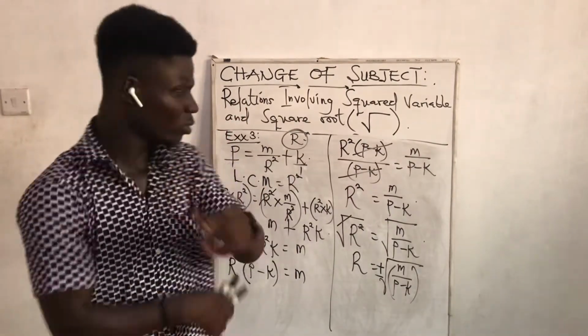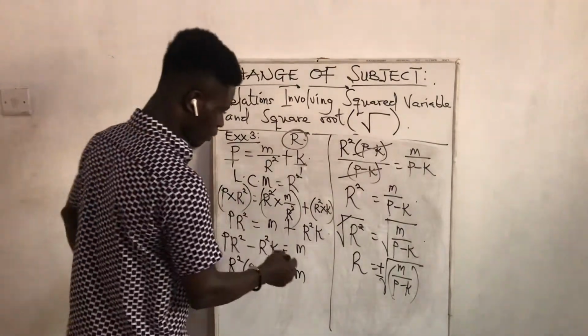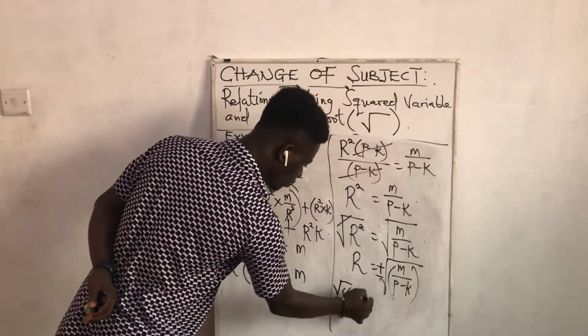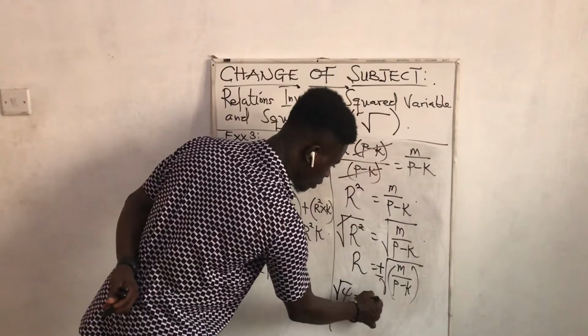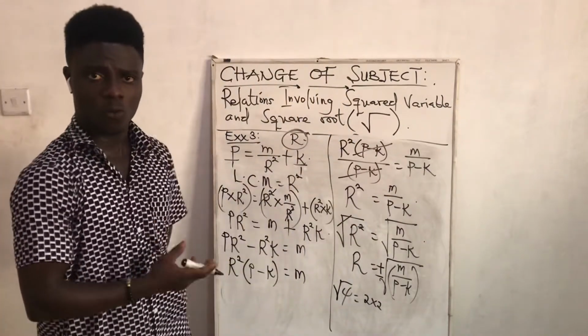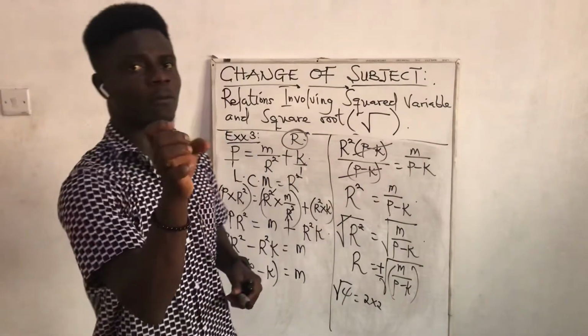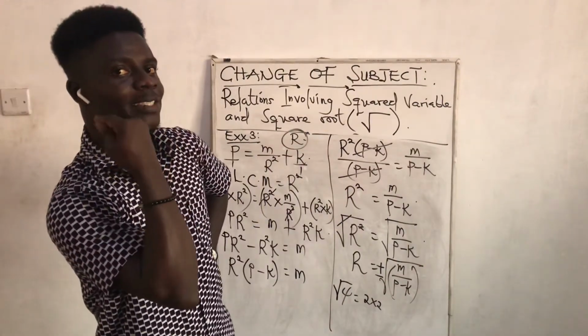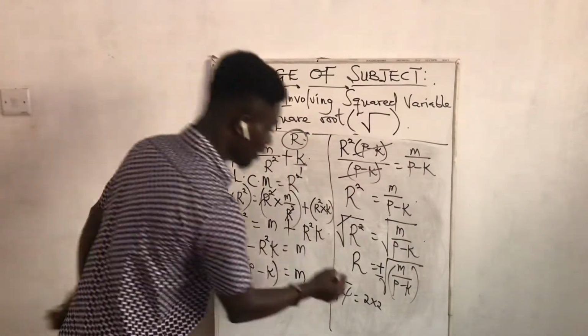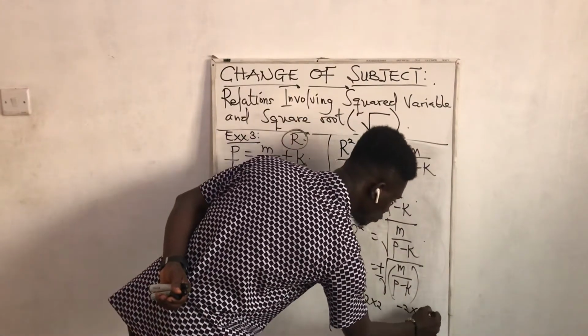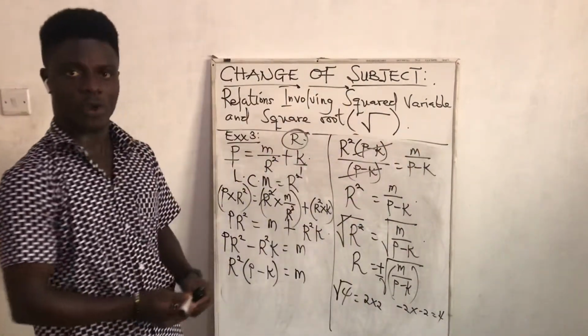Why is it so? Now watch it. Square root of 4. We all know that square root of 4 means 2 times 2, which gives 4. Now those are the positive numbers, right? Now let's recall negative numbers. Negative 2 times negative 2 will give 4, right?